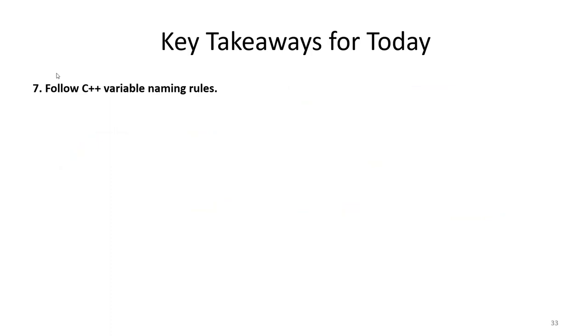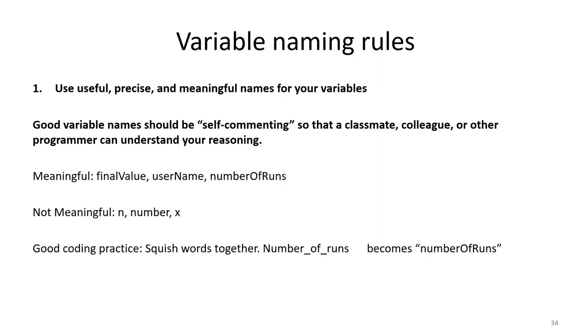Rule number 7. We want to make sure that we follow all of our variable naming rules. The first naming rule: we want to use useful, precise, and meaningful names for our variables. The term we use is that we want variable names to be self-commenting.